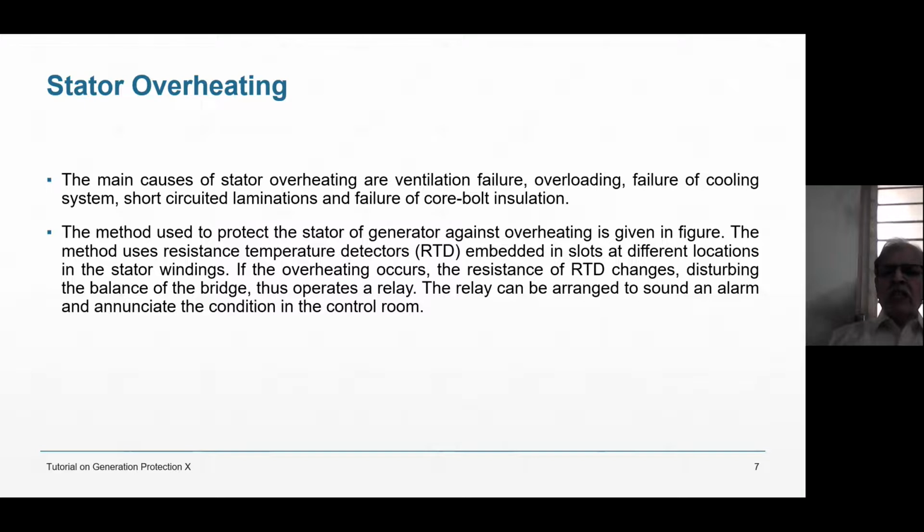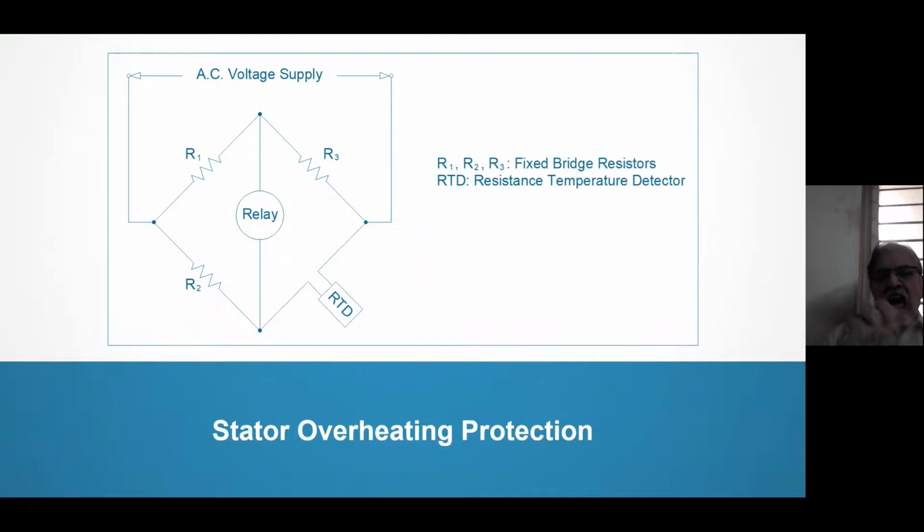So there will be many RTDs on the generator stator, and those RTDs will sense. RTD actually is like this. It is like a bridge. RTD is also a resistance, but the resistance of it will change very fast when it is heated. R1, R2, R3 are manganese resistors, and they are fixed resistors.